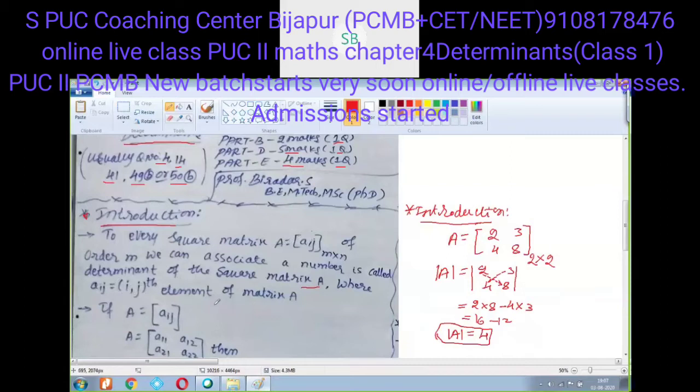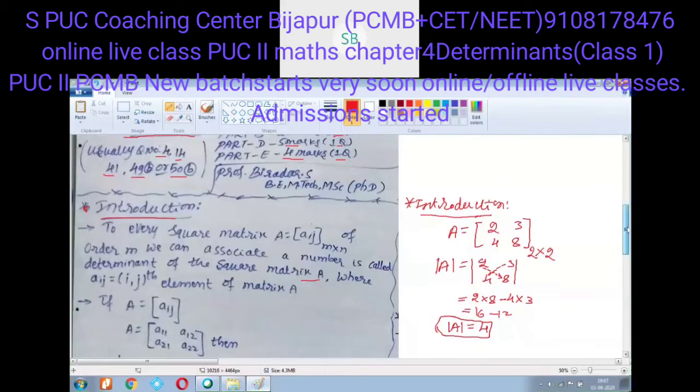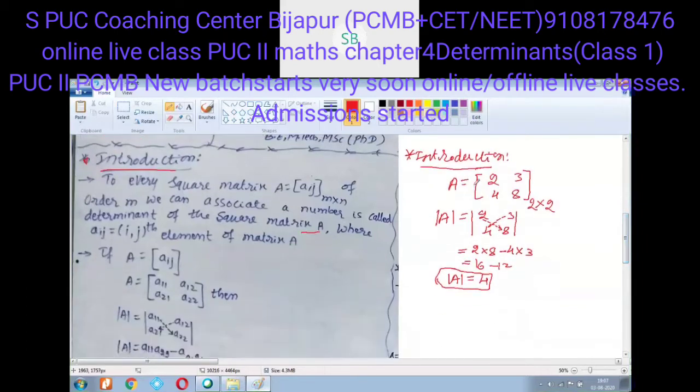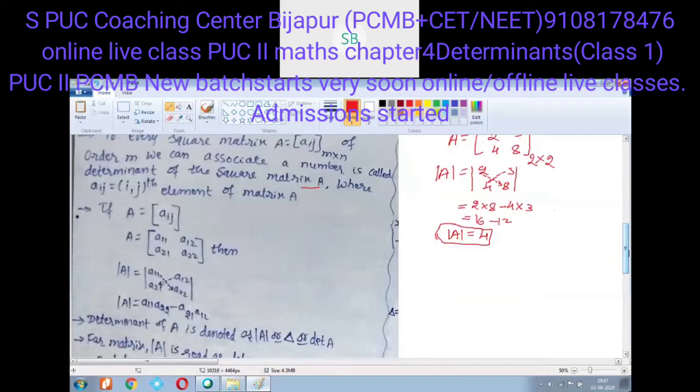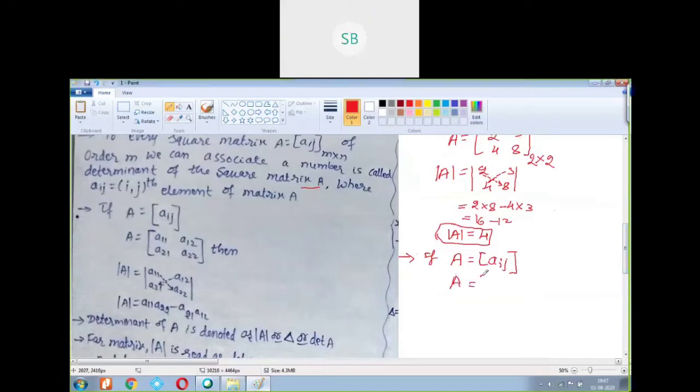Then in general, how are you going to find the determinant of a matrix of order 2 by 2? I am going to demonstrate here. Already I demonstrated with an example; the same in general we shall take into consideration. Let us consider a matrix Aij of order 2 by 2.